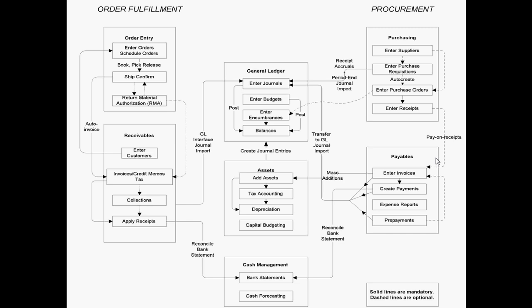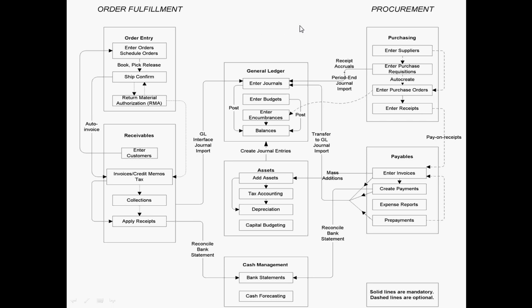Then assets, which is the fixed assets module, cash management CM module, AP account payable, which you see here on the right, purchasing, which is here, that's the PO purchasing module, receivables AR module, order entry OE, or more commonly called the order management module. So we'll see this side of procurement first, then we'll go into order fulfillment.